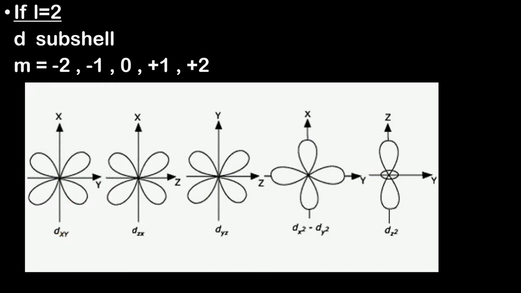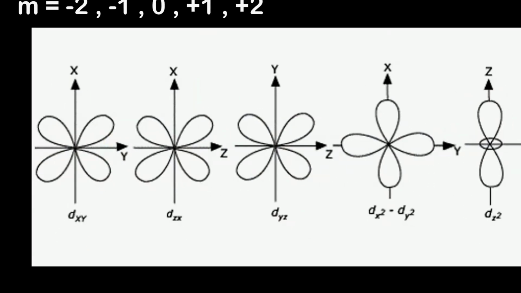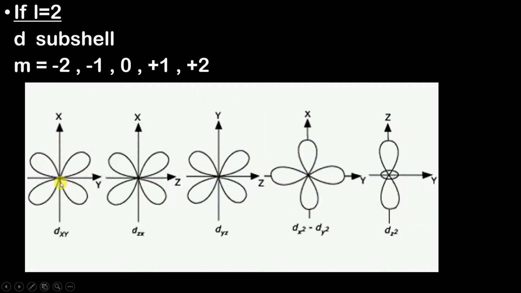It is being named as dxy because if you observe carefully, this d orbital is lying completely on the xy plane. Is there any involvement of your z-axis? No, it is completely in the xy plane, therefore it is named as dxy.